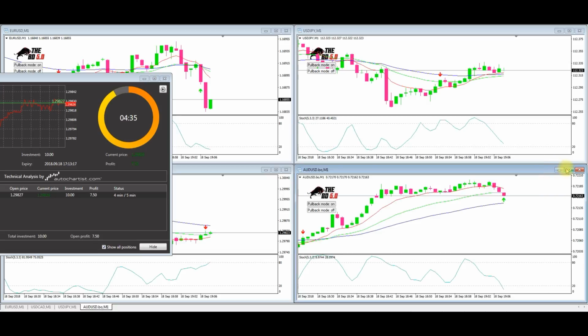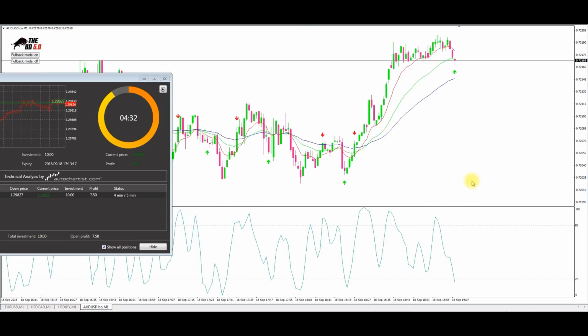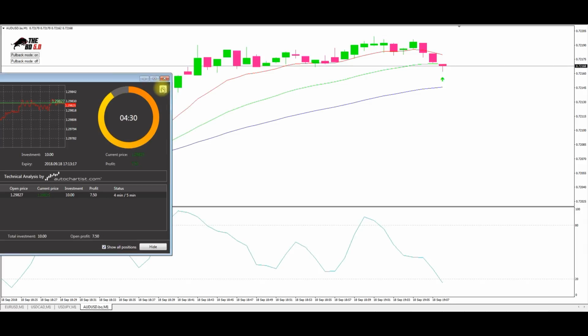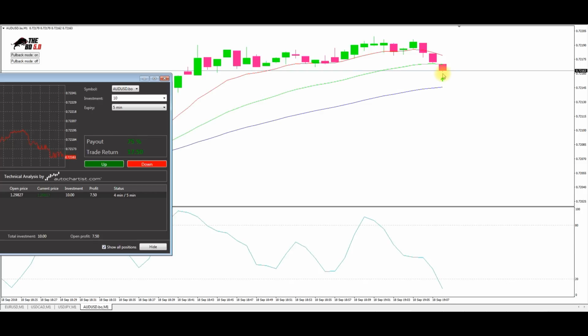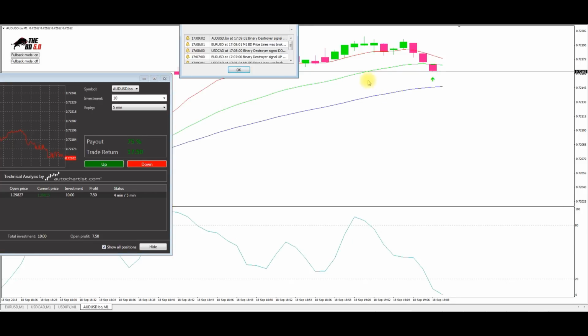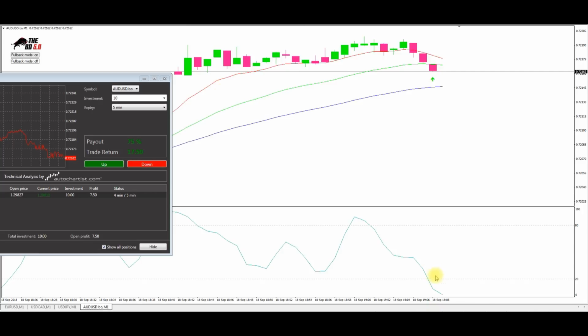So AUD is also giving me another signal. I'm going to see what happens now. I think this might keep on going down for a while. Okay, we're down. Let's see what the next candle does.